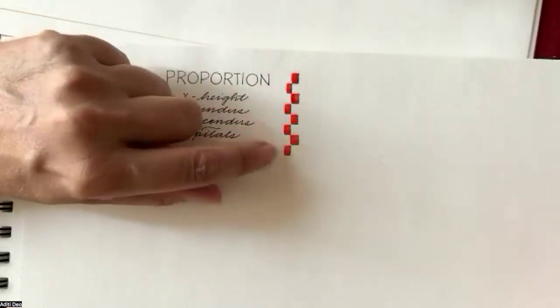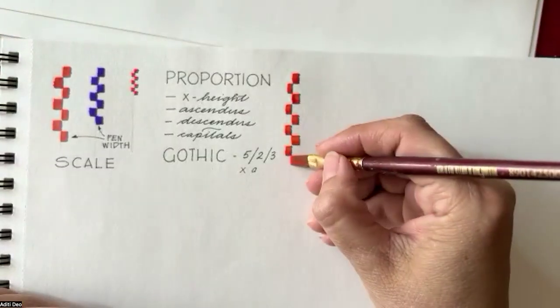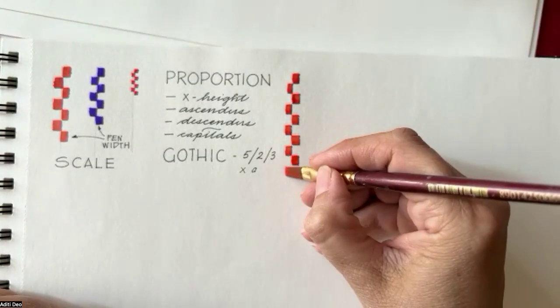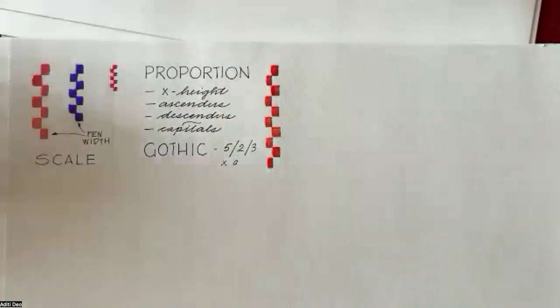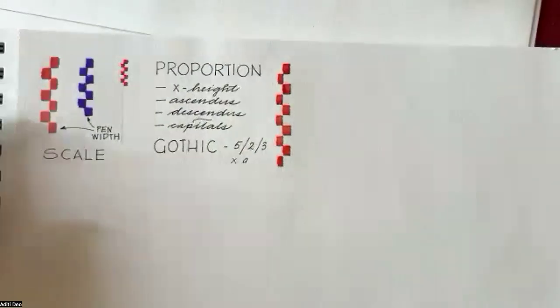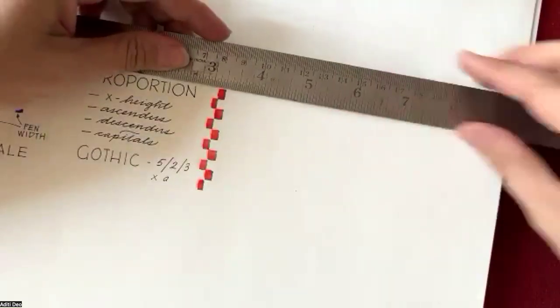So the next 5 are for the minuscule letters, and 9, 10. This is for the descenders. So what we do is we will mark lines at these points.